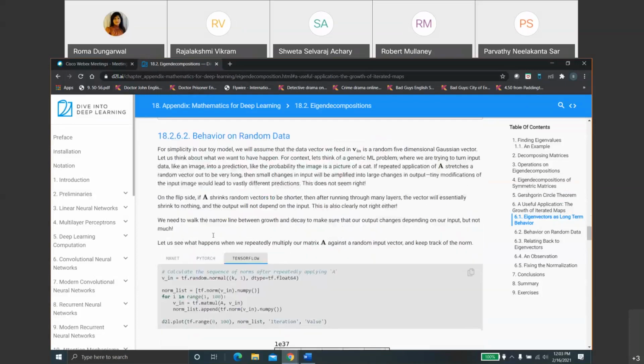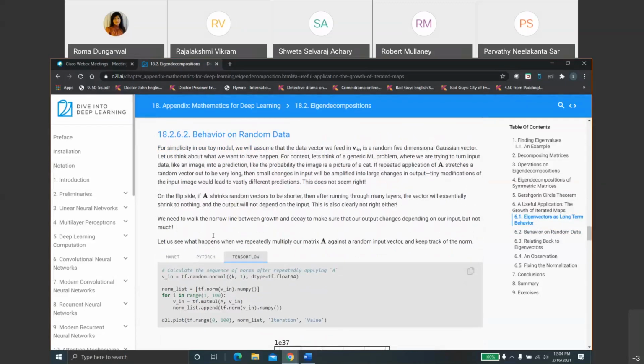Then we will see what happens when a matrix is applied to a vector, that is, multiplied to a vector. We saw initially that the vector can be stretched, it can be skewed, the grid can be rotated, and so on. So when A stretches a vector too much, the length of the vector becomes very long. Small, tiny changes in the input will create drastic changes in the output.